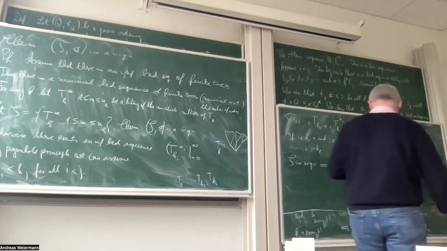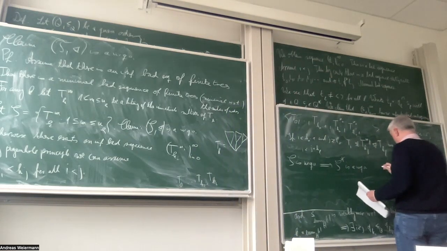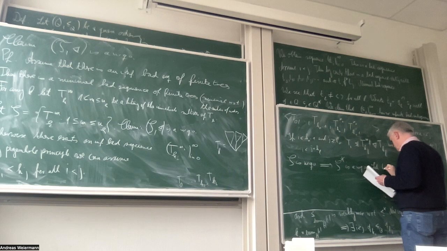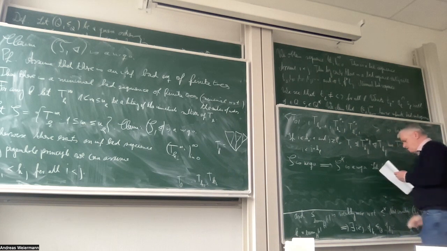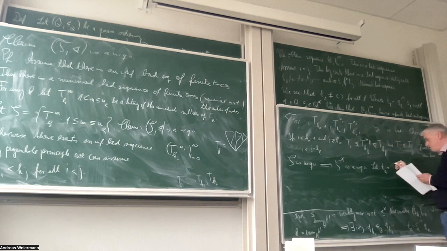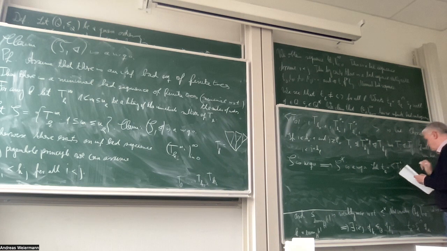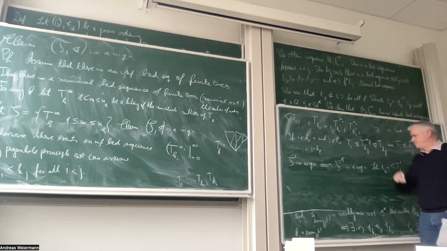Now let TK... you have to be careful. It's not a finite tree, but it's a list of finite trees, the list of immediate subtrees of TK. So this is an element in S star.